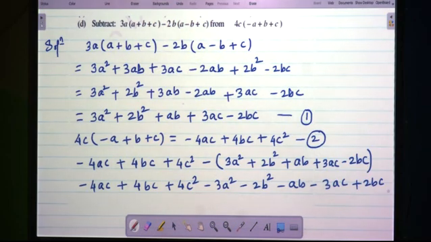We have changed the signs of all the terms that are present in the bracket. We have applied a minus sign to each of them.